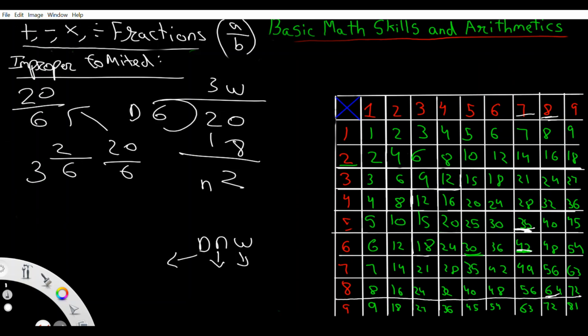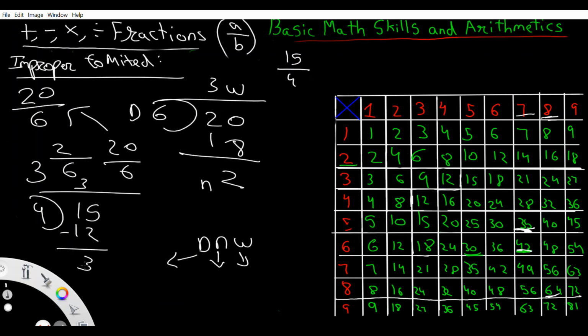Let's look at another example. If you want to convert this 15 over 4 to a mixed fraction, you need to divide it first. And the closest multiple of 4 to 15 is 12, which is 3 times.